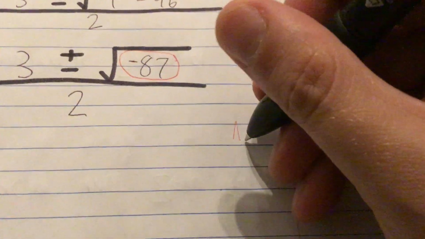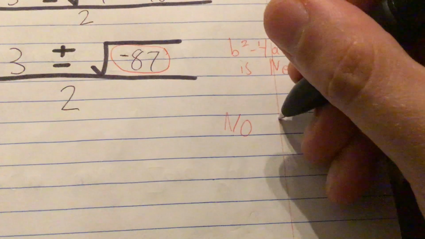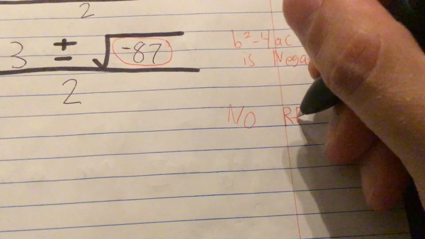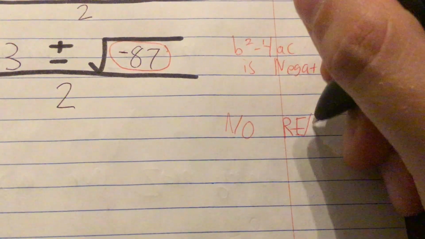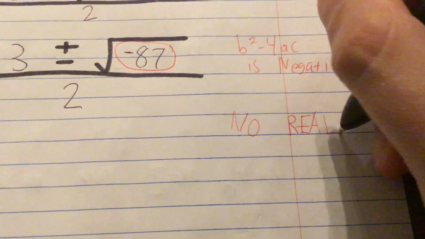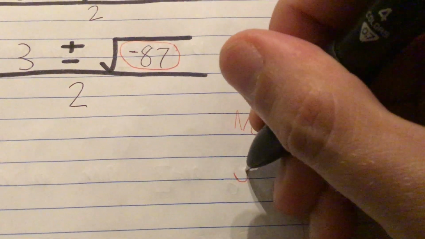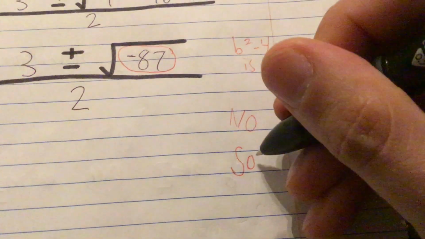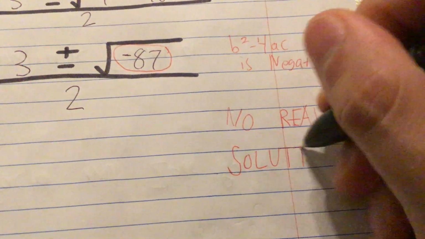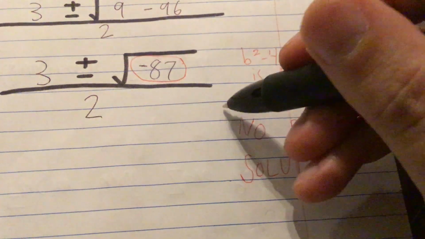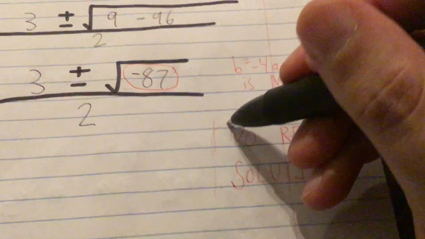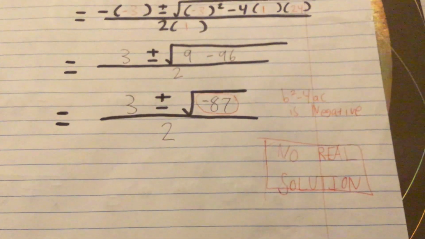That means that there is no real solution. And that's the answer. Let me just box this because it's hard for me to hold this. So then the answer is there is no real solution.